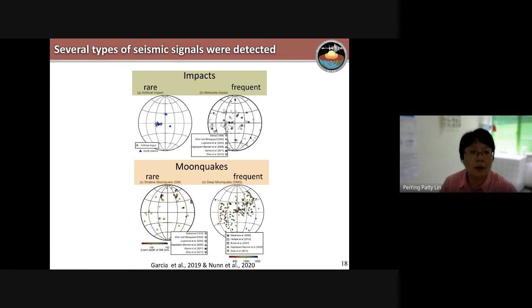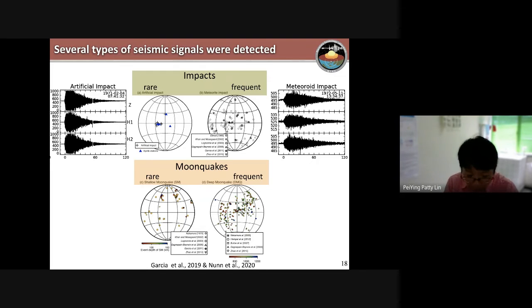And how do we know it? Actually, it's based on the waveforms. Here are examples of data recorded at station 12, for the 3 components. This is an artificial event, a meteorite impact. Because these usually happen at shallow depth, they have more similar waveforms.